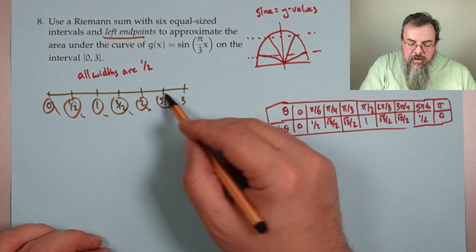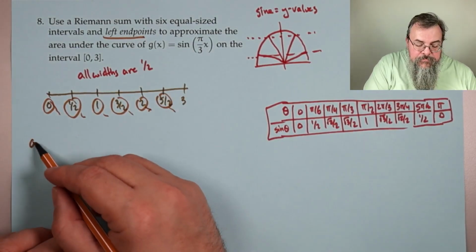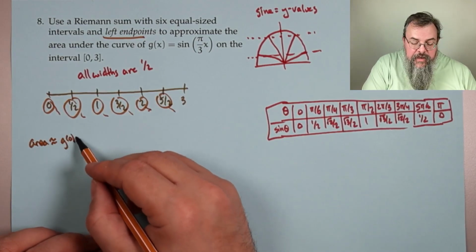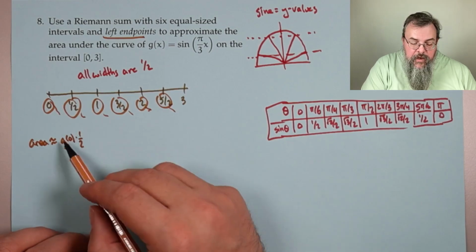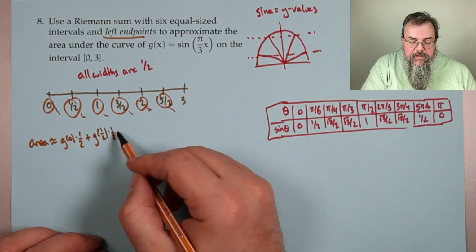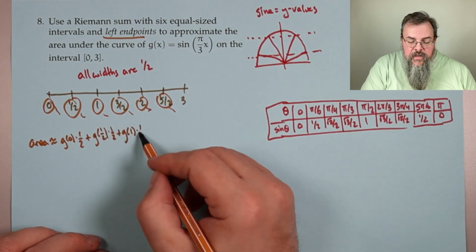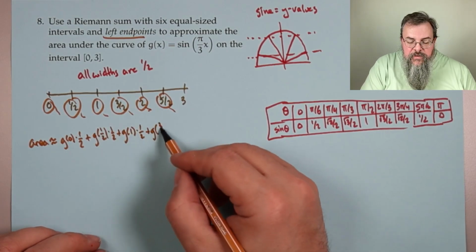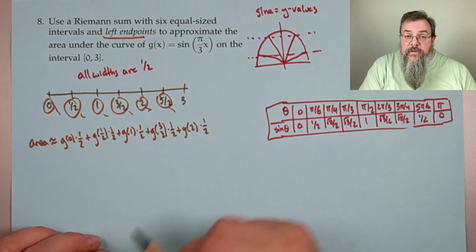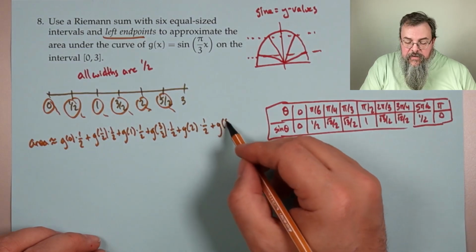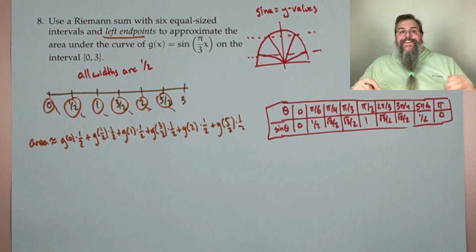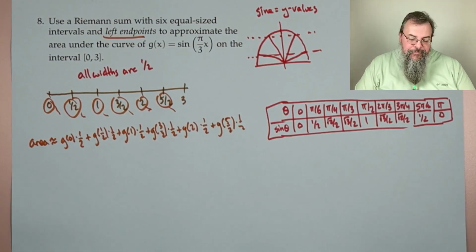So our area is approximately g of 0, height, times a half, width, plus g of a half times a half, plus g of 1 times a half, plus g of 3/2 times a half, plus g of 2 times a half, plus g of 5/2 times a half. Let's check. Do we have 1, 2, 3, 4, 5, 6? We do. All right, good. Whew. We got them all.